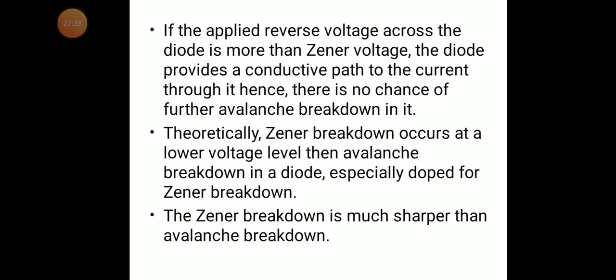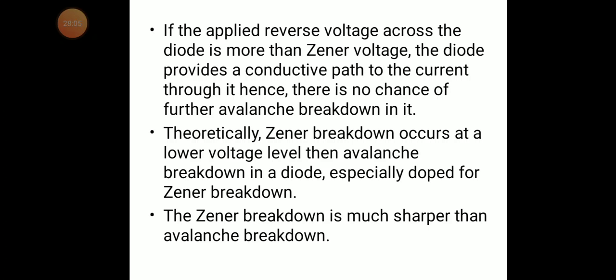So the avalanche breakdowns occur at higher voltage levels. Zener breakdown is much sharper than avalanche breakdown because it has a thinner junction and a thinner depletion layer.